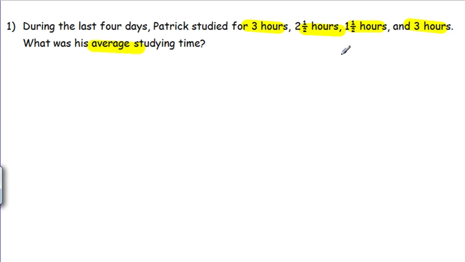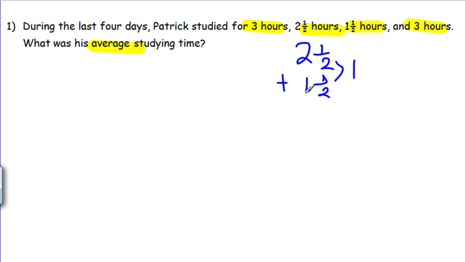So a couple ways we can do this. We could turn these all into decimals, but if I look at the fractions we have, we can do this a simpler way. We can say if we have 2.5 plus 1.5, we can add these fractions together because 1/2 plus 1/2 is just 1 whole.